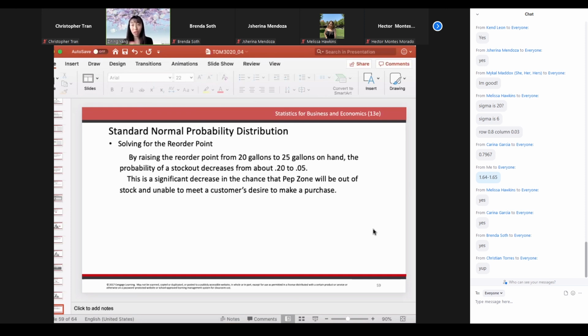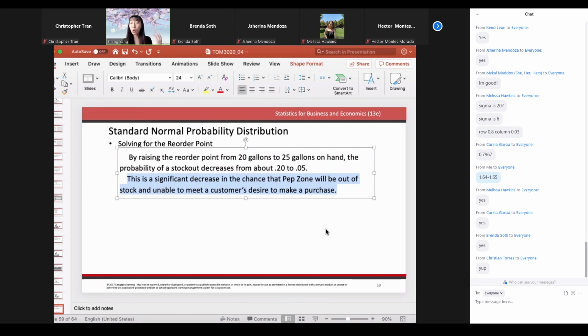And we reverse engineered and calculated that in order to have that 5%, the reorder point should be 25 gallons. So by raising the reorder point from 20 gallons to 25 gallons, we reduce the probability of a stock out from a 20% chance to only a 5% chance. So it is a very significant decrease in the stock out risk.